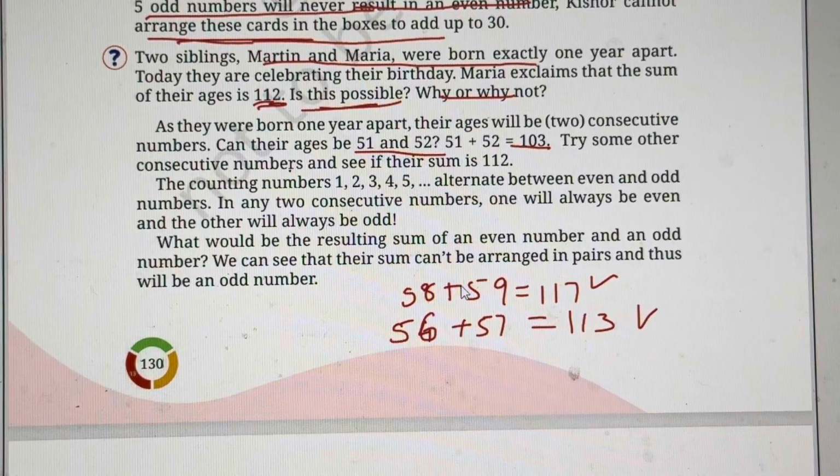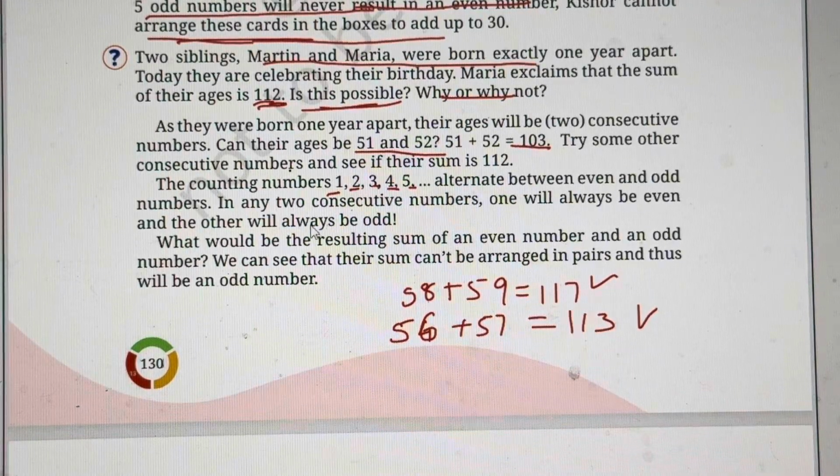Observe the pattern. When you are adding any 2 consecutive numbers, you are getting an odd number. So the counting numbers 1, 2, 3, 4, 5 alternate between even and odd. So among any two consecutive counting numbers, one is even, the other is odd. Odd, even, odd, even, it goes like that.